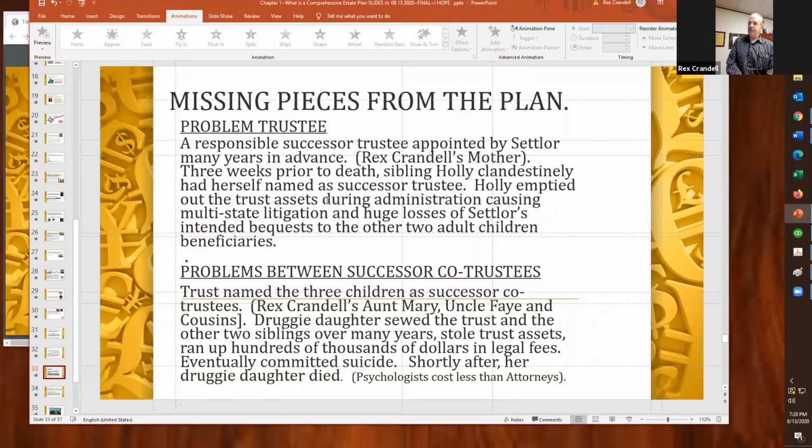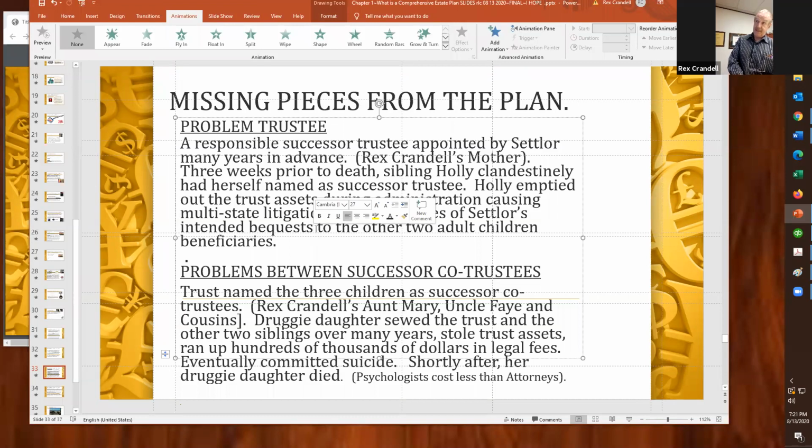And then after my mom passed away, the sister went and cleaned out the trust and moved out of state. And there's been a huge amount of litigation since that point. And needless to say, we don't have togetherness at Thanksgiving.